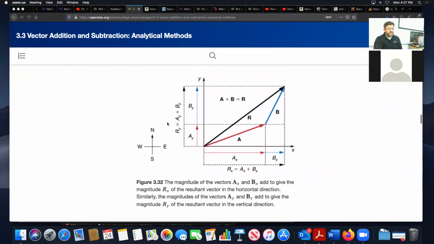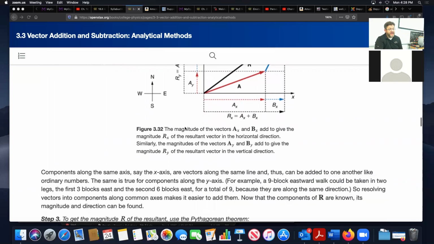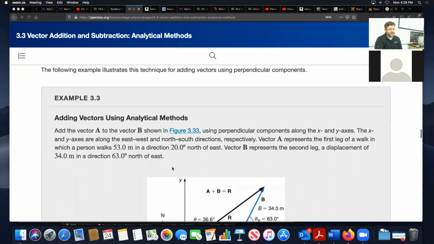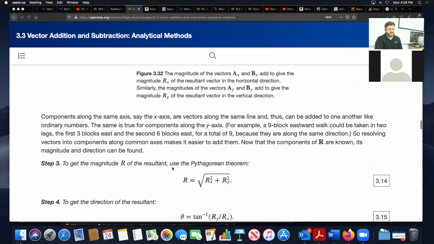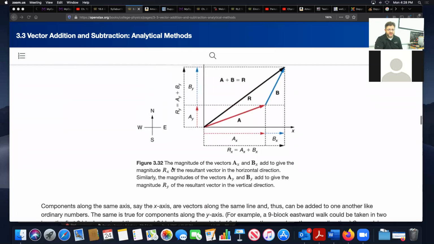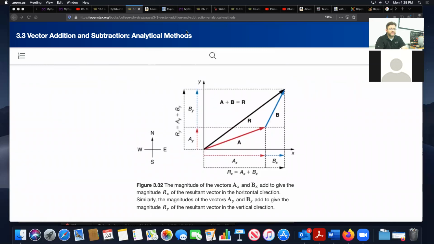In the end, you get some components that are your result, your answer. So your result in X is equal to A sub X plus B sub X. Your result in Y is equal to A sub Y plus B sub Y. And your total resultant vector is the sum of the two resultant vector components, which they don't show here. And I'll write it down.